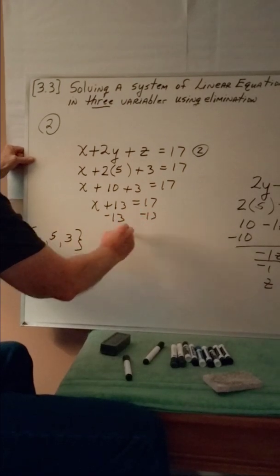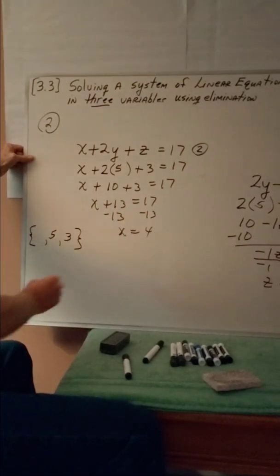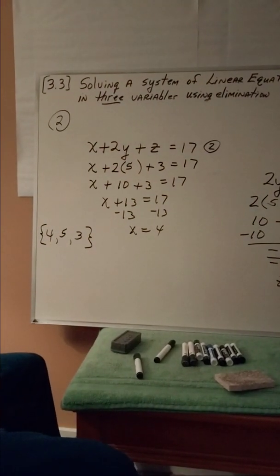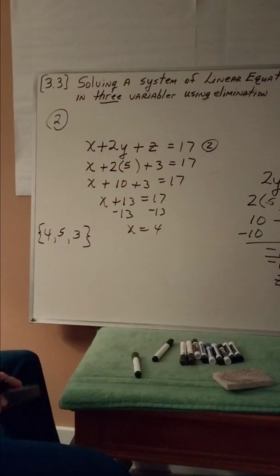Subtract 13 from both sides. x = 4. So (4, 5, 3) is the solution to the system.